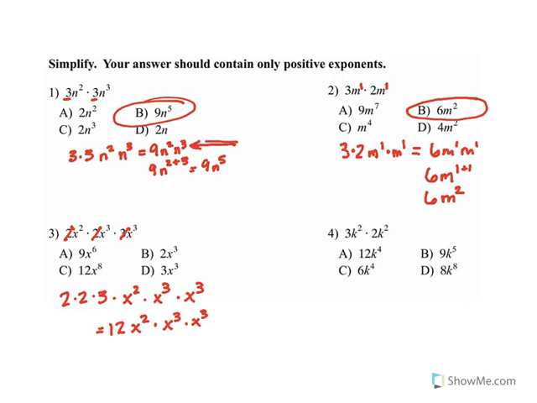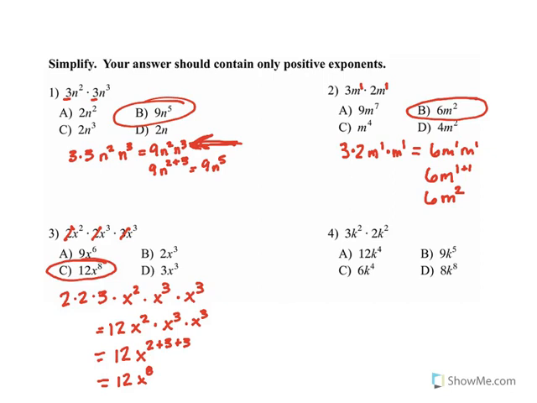And that is just like this rule up here again. So we just add the exponents. We have 12x to the 2 plus 3 plus 3. So we have 12x to the 6, 7, 8. So 12x to the 8th would be answer C.